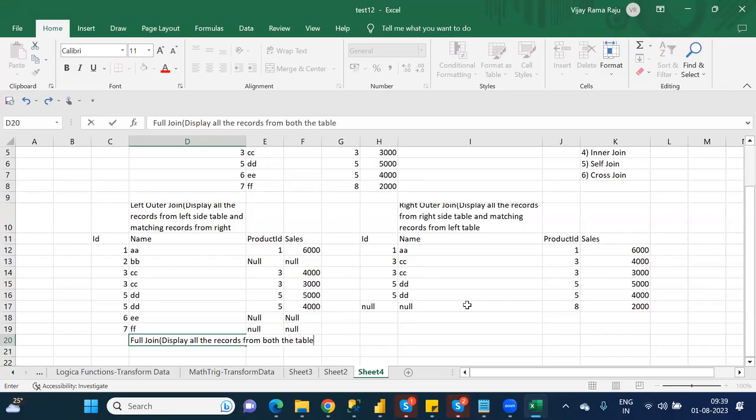From both the tables. Display all the records from both the tables.